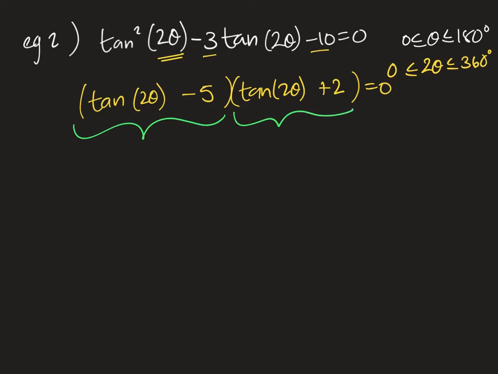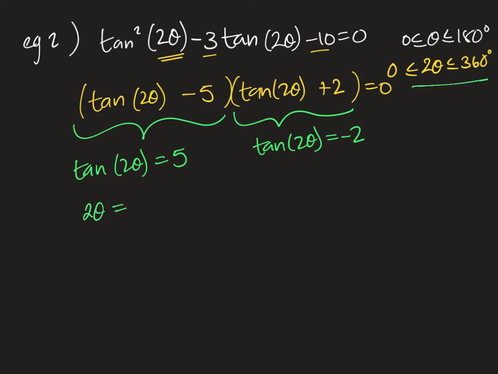If tan 2 theta take 5 is equal to 0, then tan 2 theta is equal to 5. And if tan 2 theta plus 2 is equal to 0, then tan 2 theta is equal to negative 2. So the next step now is to solve each of these 2 equations for all the values of 2 theta within the range 0 to 360.